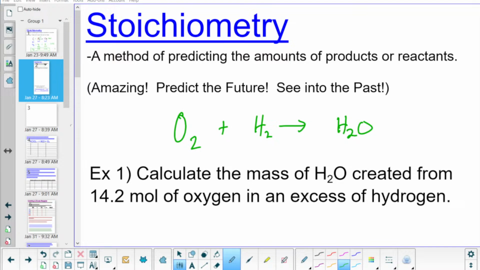Have a seat. First of all, that was great. You balanced it correctly.